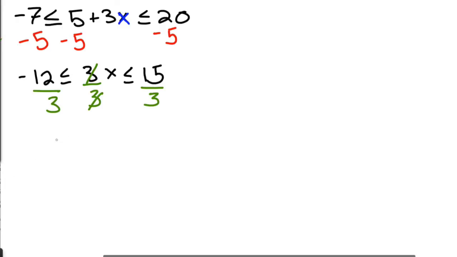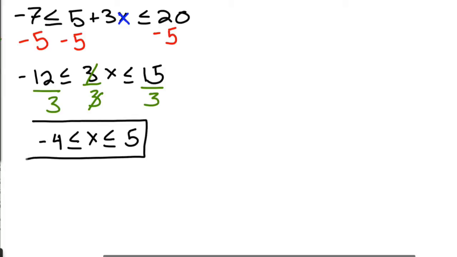And so now you end up with x, which is less than or equal to 15 over 3, which is 5, but greater than or equal to negative 4. So this is what your solution is.